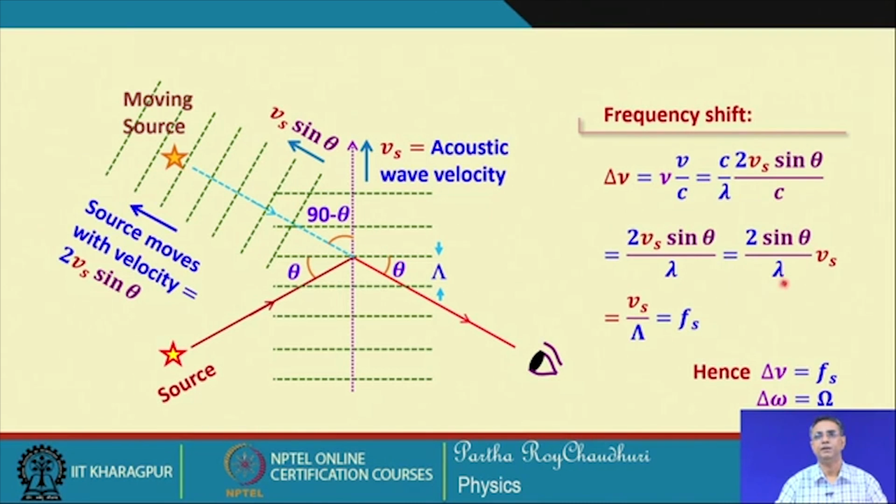So, 2 sin theta by lambda, this is equal to what? If you look at the Bragg condition, 2 capital lambda sin theta equals small lambda. So, 2 sin theta by small lambda is equal to 1 by capital lambda.